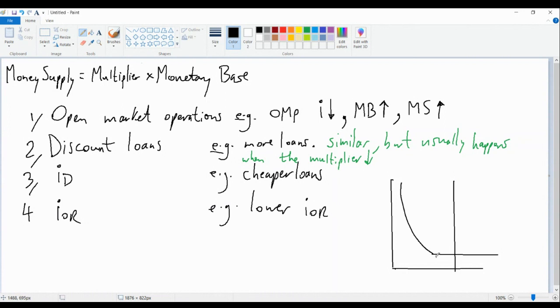So if you lower the interest rate on reserves, you're not actually changing anything in terms of the monetary base, right? You're just changing how much you're paying the banks. I guess the only problem would be if you lower them so much that they don't want to hold all these extra reserves anymore.